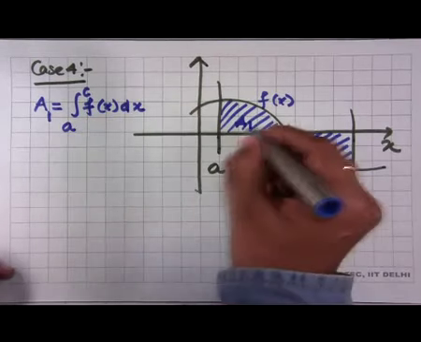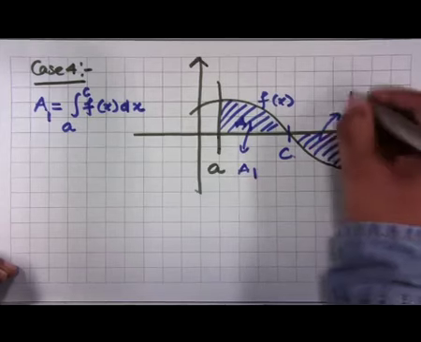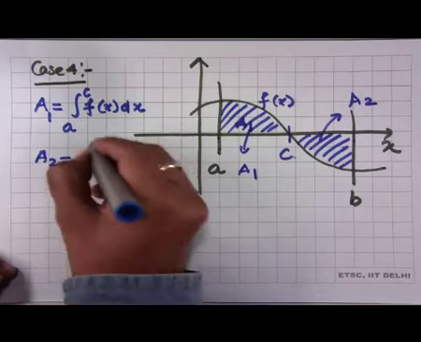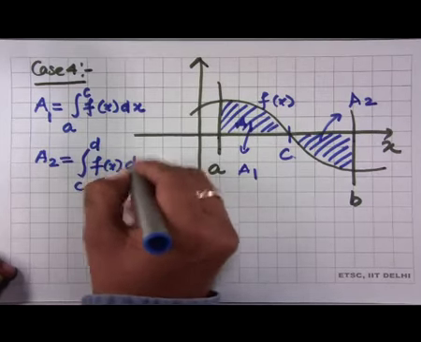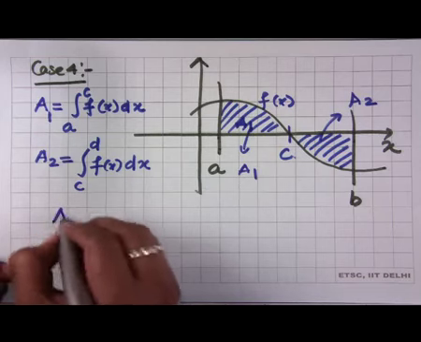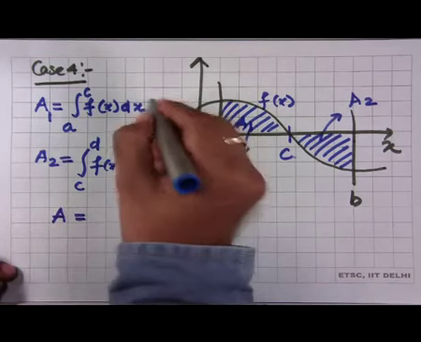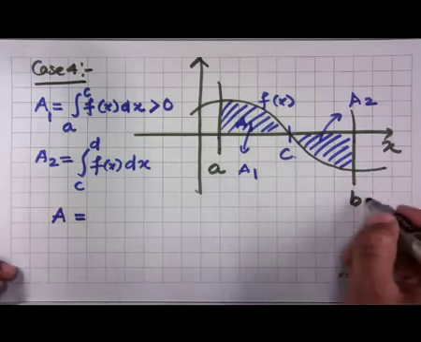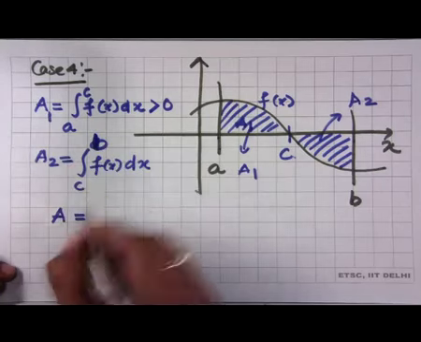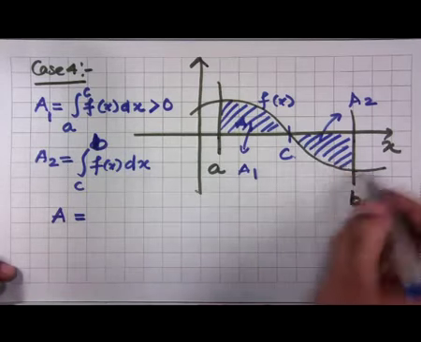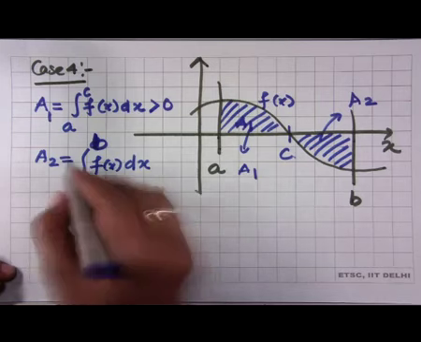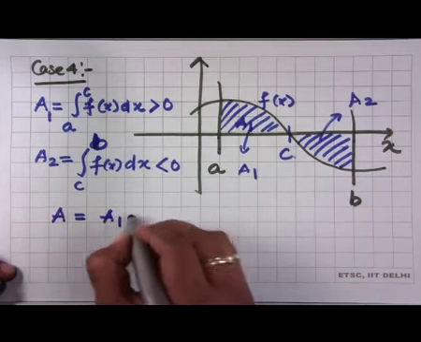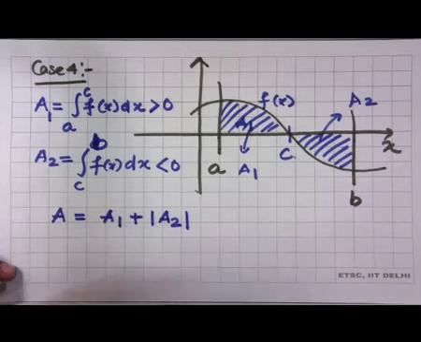Say this is A1 and this area is A2, and you get area A2 by integrating it from c to b. A1 will be positive, and since the function is throughout negative from c to b, A2 will be negative, so total area A will be A1 plus mod of A2.